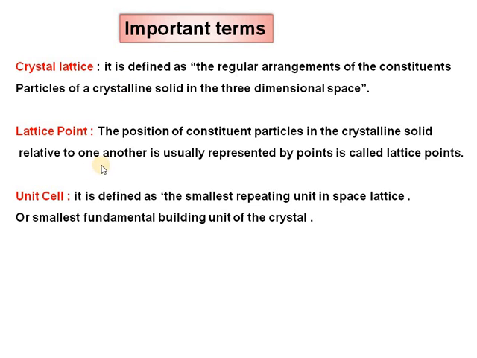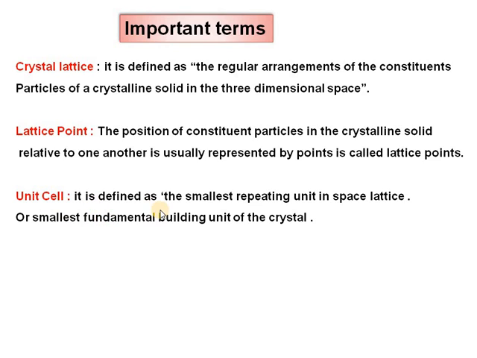Next we see the lattice point. The position of a constituent particle in a crystalline solid relative to one another is usually represented by a point, which is called a lattice point. The next term is the unit cell.